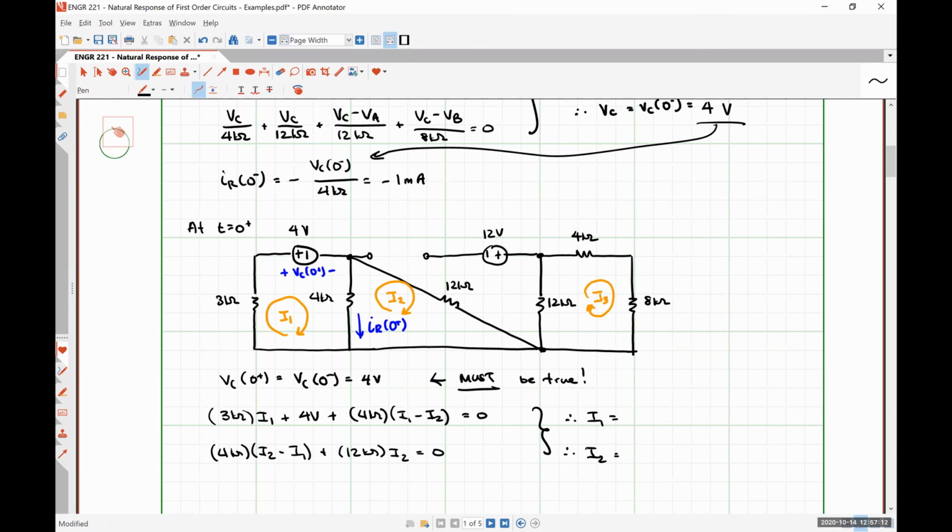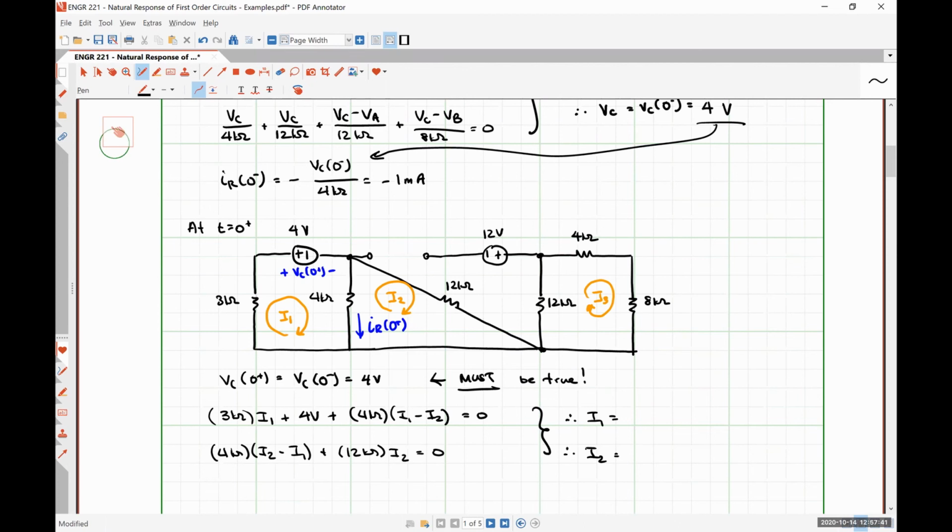So let's do that real quick. For my coefficient for I1, I have 3,000 plus 4,000 is 7,000. My coefficient for I2 is negative 4,000. And it's going to be negative 4 volts when we move it to the other side of the equal sign. For my second equation, I have negative 4,000 I1 plus 16,000 I2 is equal to 0.